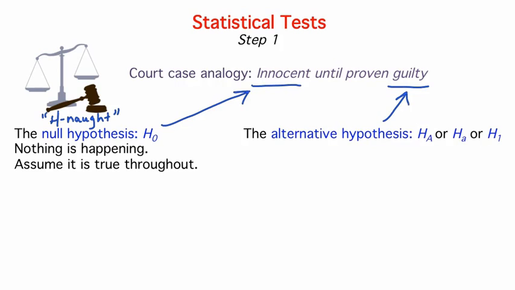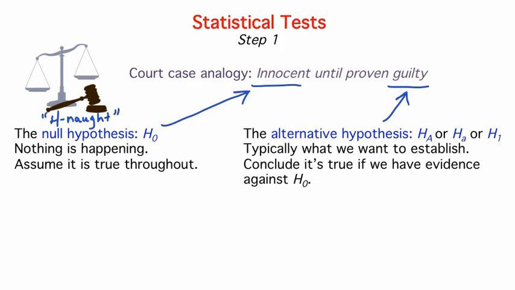Some people like to write it as H with a subscript 1, in contrast to H sub 0 for the null hypothesis. Like the prosecutor who wants us to conclude that the defendant is guilty, we typically want to prove that this research or alternative hypothesis is true. And the way to make that conclusion is to see if we have enough evidence to rule out that any differences from the null hypothesis could be due to chance.